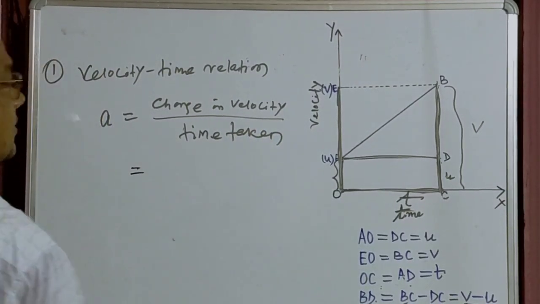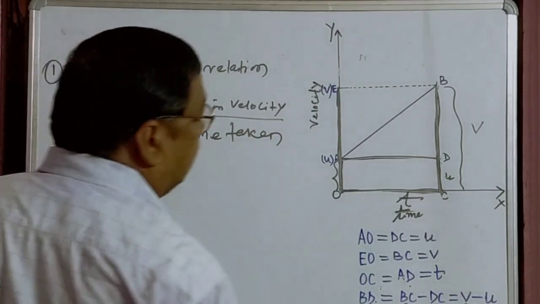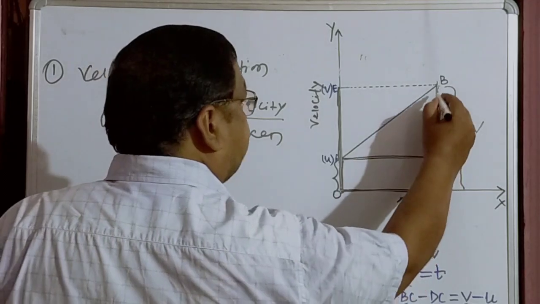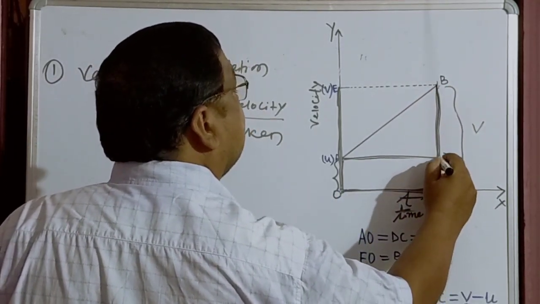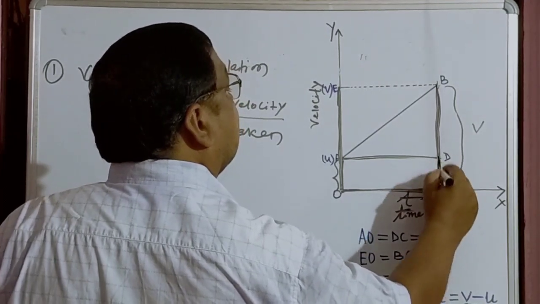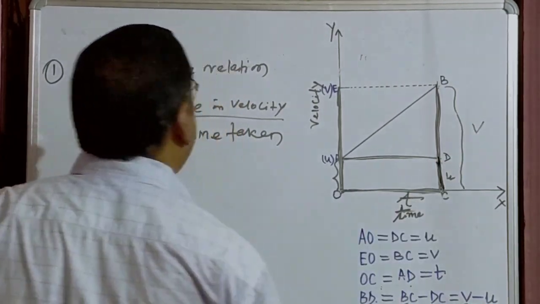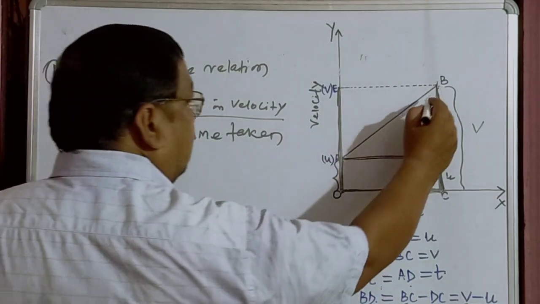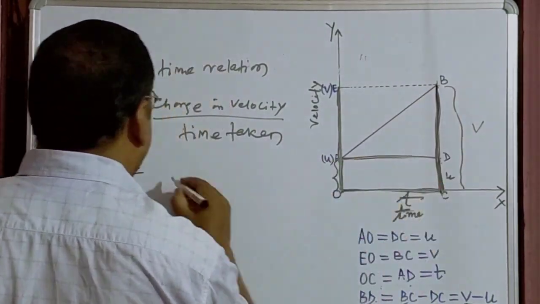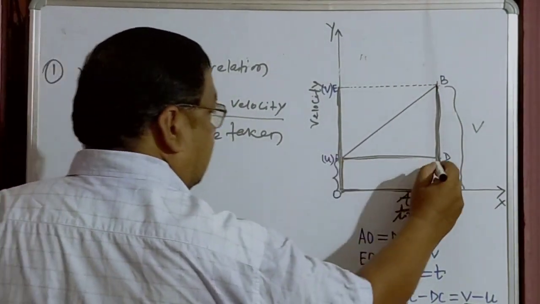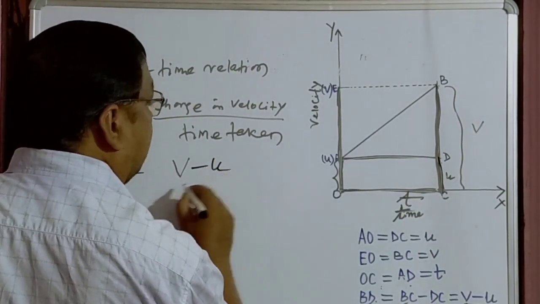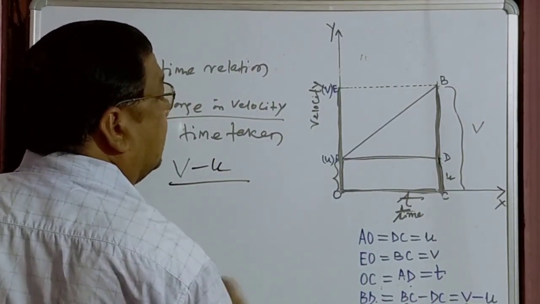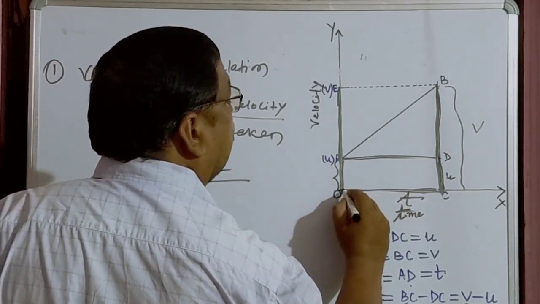What is the change in velocity in this graph? This velocity minus this velocity is the change in velocity. So this velocity is v and this velocity is u, by time taken. What is the time taken? Time taken is t.